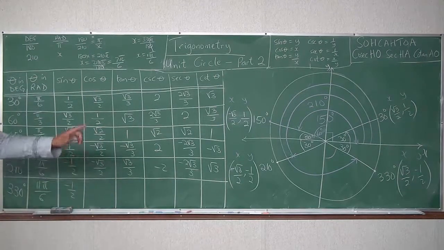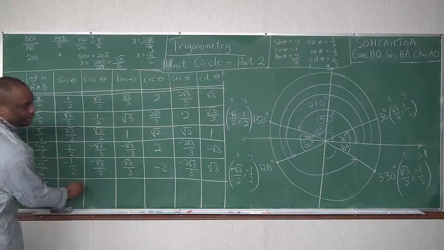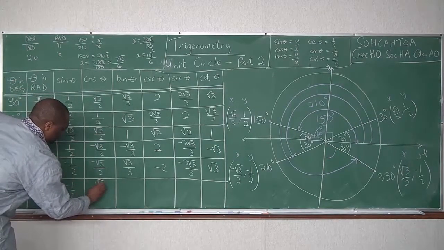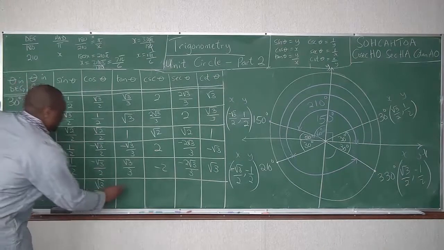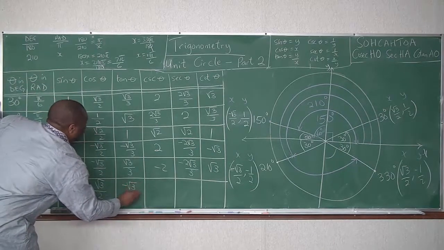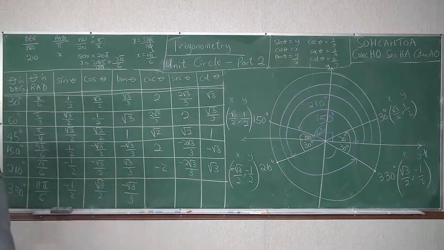Cos 330 is x, which is root 3 over 2. Tan 330, of course, will be a negative, so this is negative root 3 over 3. You see how the equivalency makes the work simpler. Cosec theta is 1 over y.